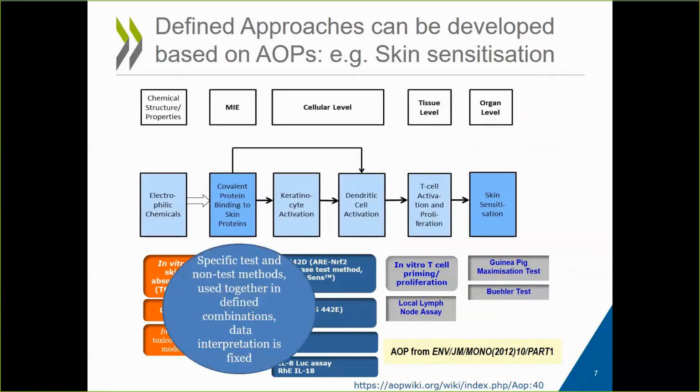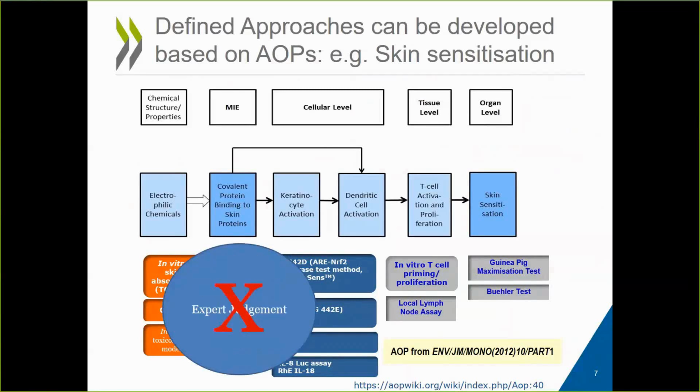So in this case, we have specific test methods and non-test methods that can be used together in defined combinations, and being used together, they really overcome some of the limitations of the individual methods. And in addition, there is also a data interpretation procedure that is fixed, and I'll talk about specifically what I mean in the context of a couple of different defined approaches.